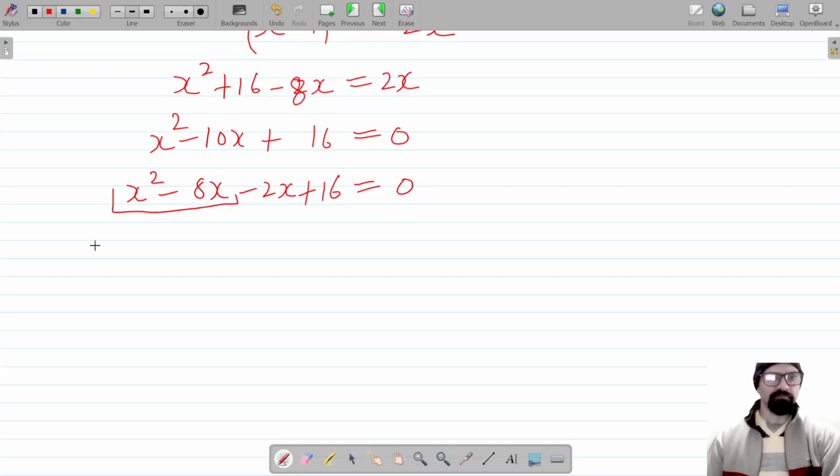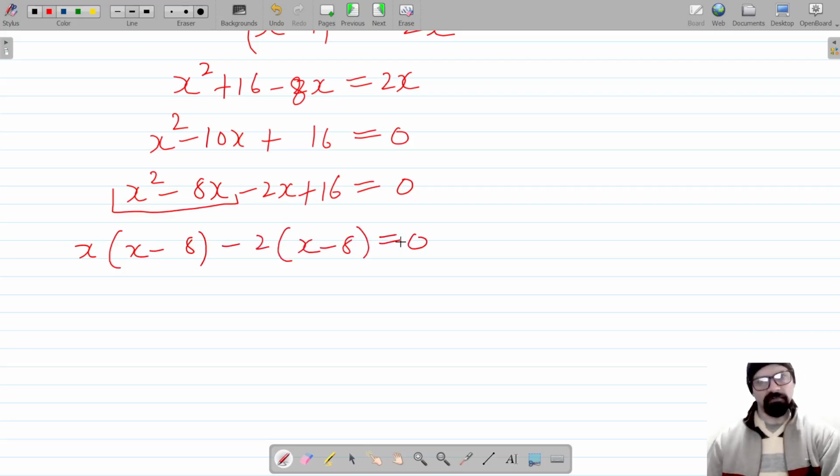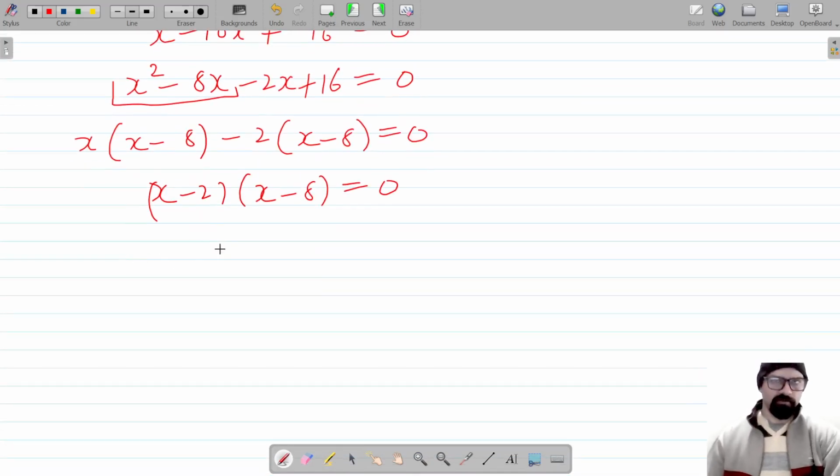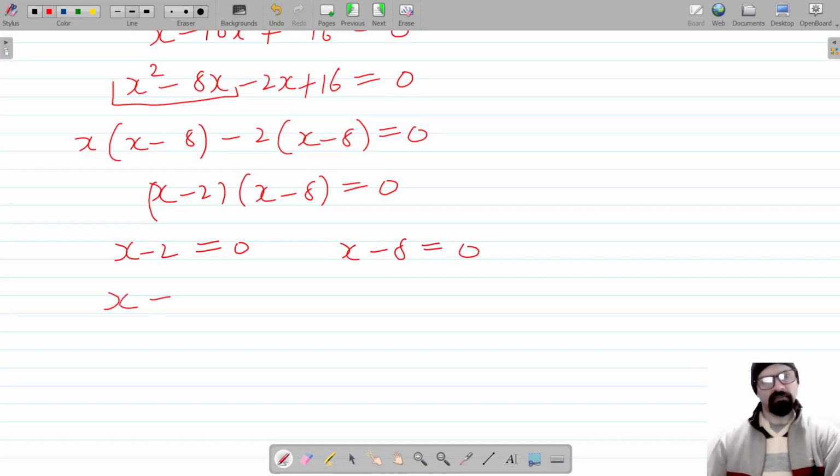So we have common x into x minus 8 minus 2 into x minus 8 is equal to 0, which gives me x minus 2 into x minus 8 is equal to 0. So either x minus 2 is equal to 0 or x minus 8 is equal to 0, which gives me x is equal to 2 and x is equal to 8.